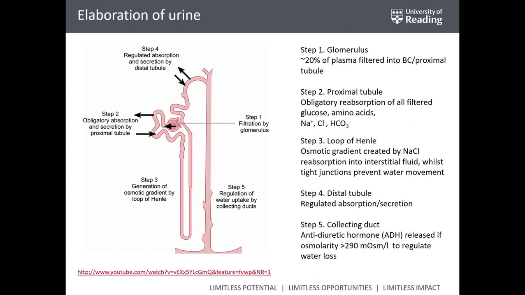The antidiuretic hormone is released if the osmolarity of the body fluids is more than 290 milliosmoles per liter in order to regulate water loss. So if the osmolarity of the body fluids goes above the critical value of 290 milliosmoles per liter, then the loss of water via urine is countered by antidiuretic hormone. And once again, we will go through this in detail. This is just to give you an overview.